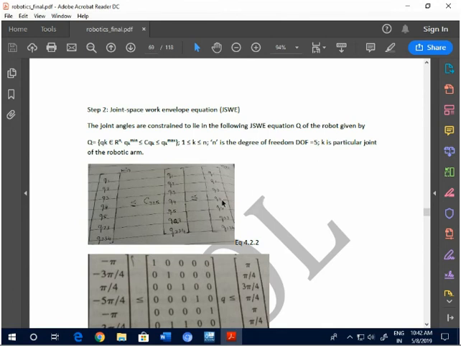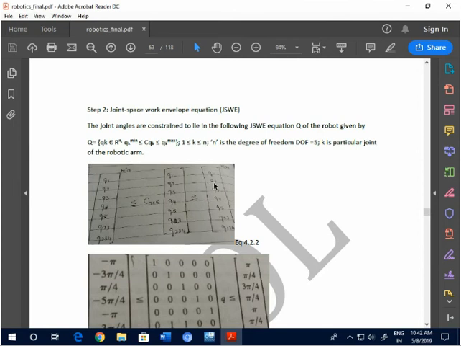Okay, and it is given by Q1, Q2, Q3, Q4, Q5, Q2, 3, 4 is less than or equal to Q1, Q2, Q3, Q4. This is the vector of Q, which is the minimum, and this is the maximum.